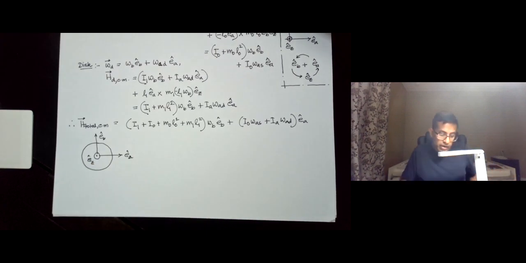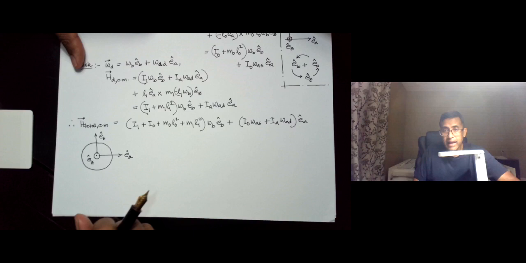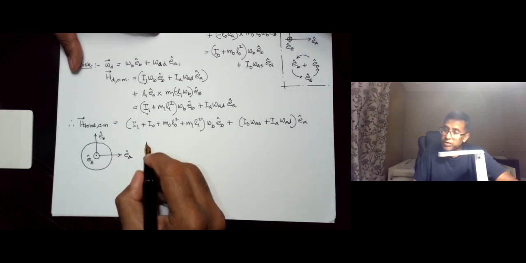You can write the Euler equation, the equation of motion for the sphere about the EA axis, and what you would get is the following.